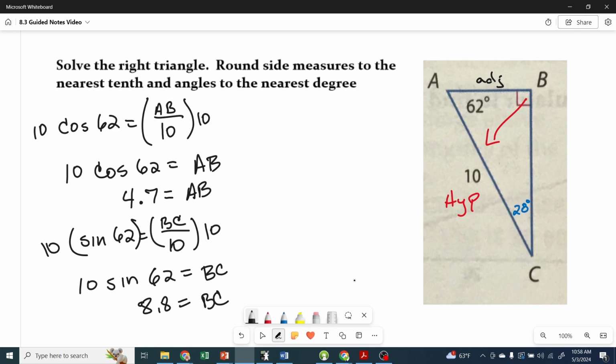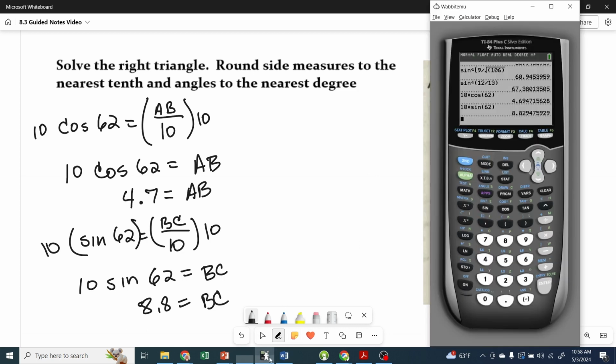So you can check your work with this, okay, by saying 4.7 squared plus 8.8 squared. And we end up with 99.53.